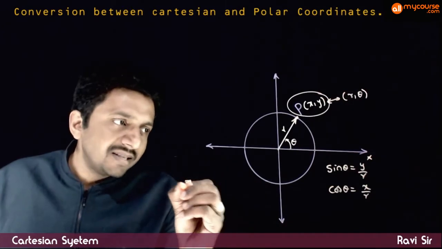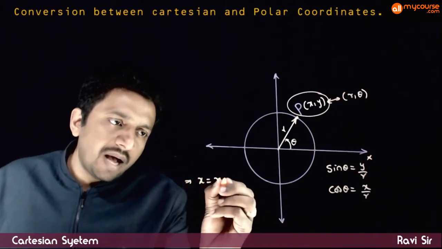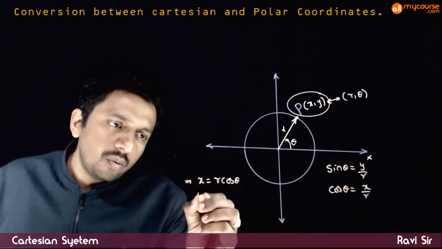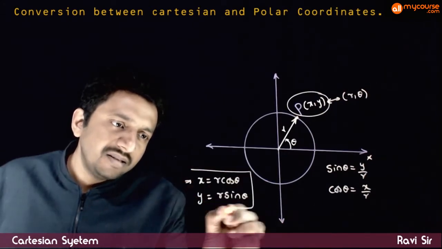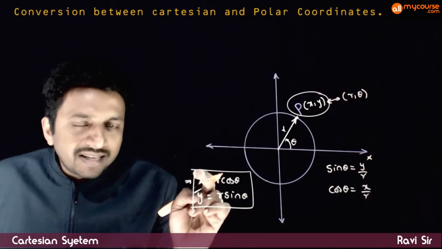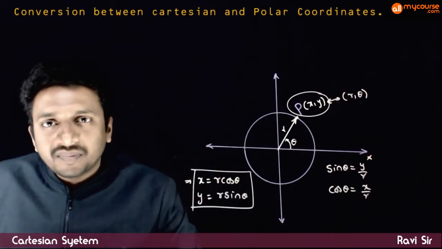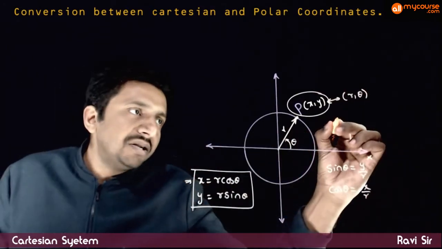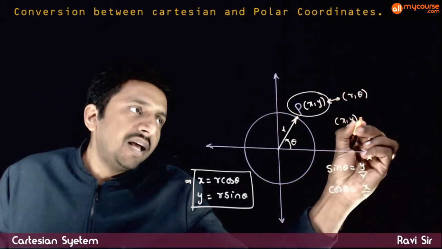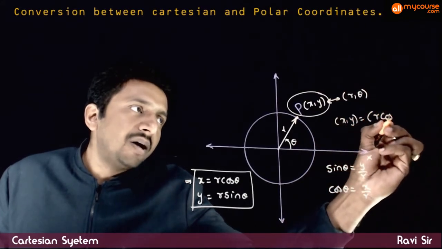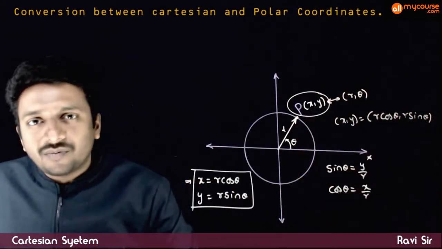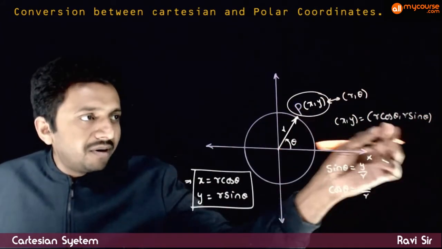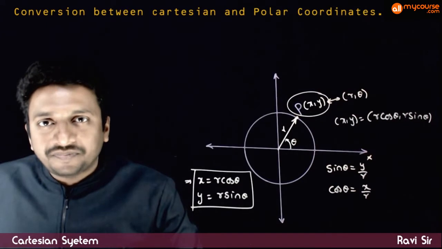So this implies x is equal to r cos theta, y is equal to r sine theta. This is how you get x and y from r and theta. So the Cartesian coordinates x comma y are nothing but r cos theta comma r sine theta. That's the conversion from polar coordinates to Cartesian coordinates.